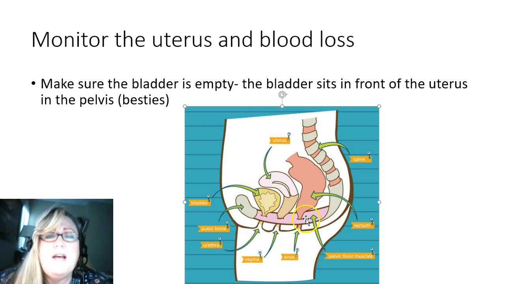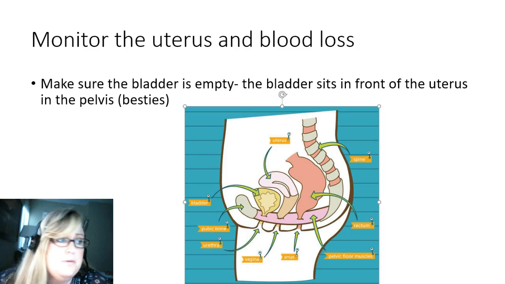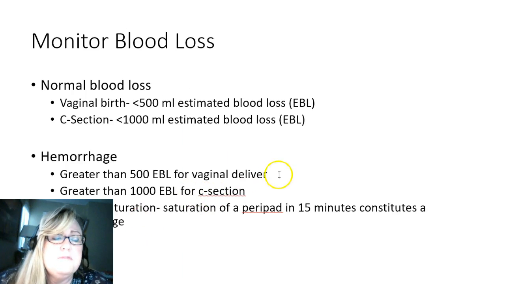So you tell them to start Kegels before they get pregnant, and then every day that they do them, they're lifting a little bit more weight. It's like weight training, and so that will preserve this pelvic floor. Very, very important. So you want to monitor for blood loss.